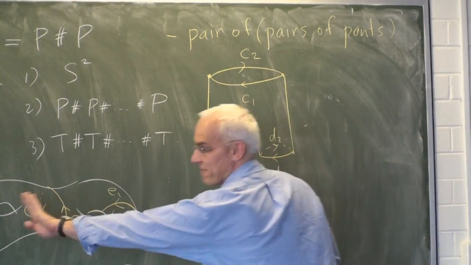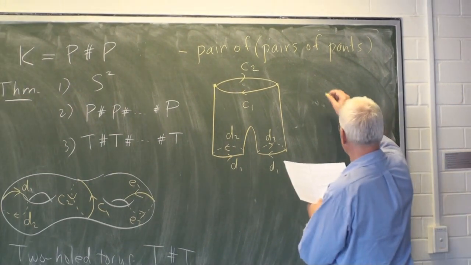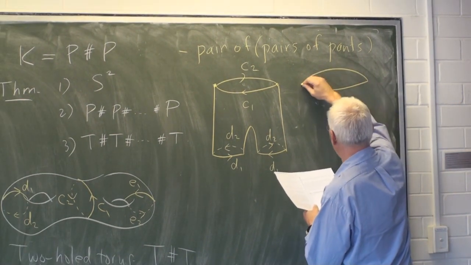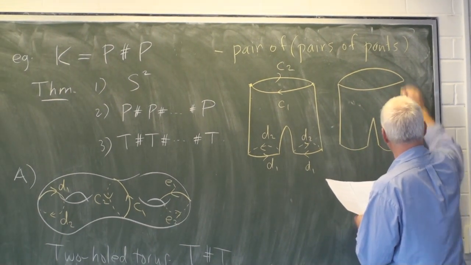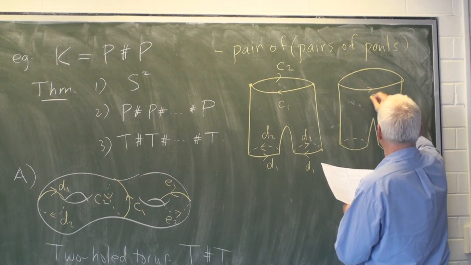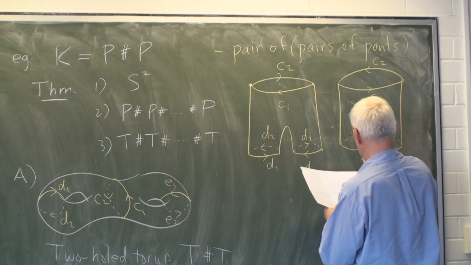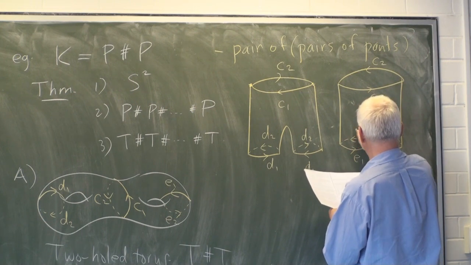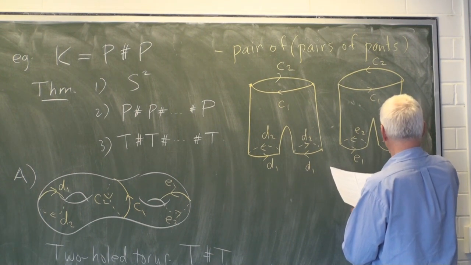That's like the left half. And the right half similarly: C1, C2, E1, E2, E1, E2.